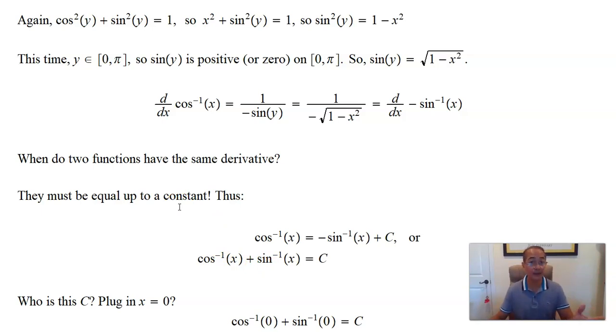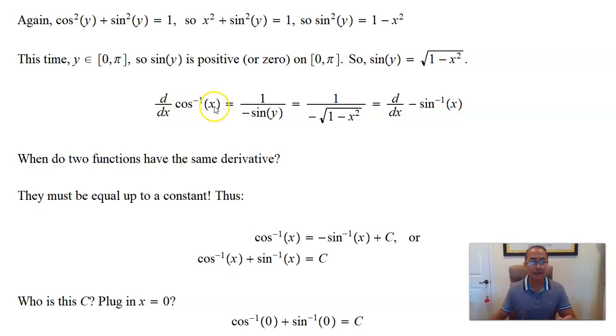X squared plus 5, the derivative is also 2x. 5x squared, the derivative is 10x, not 2x. Okay, so you can add a constant to a function and not change its derivative. And according to the mean value theorem for derivatives, that's the only way two functions can have the same derivatives. They must differ only by a constant.